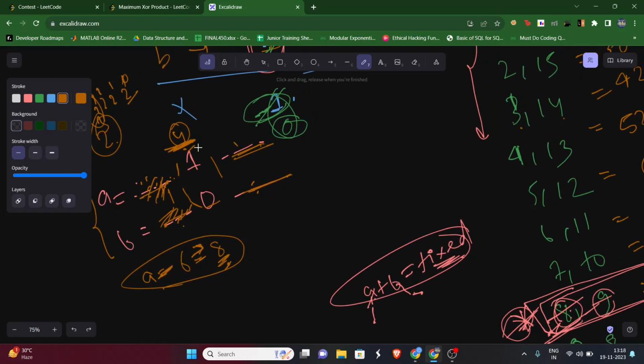If you carefully observe, on the left side either both can be 1, or both 0. So if it is both 0 or both 1, we can leave the ones as they are, and these zeros can be converted to 1, right? So in both the cases this can be converted to 1.